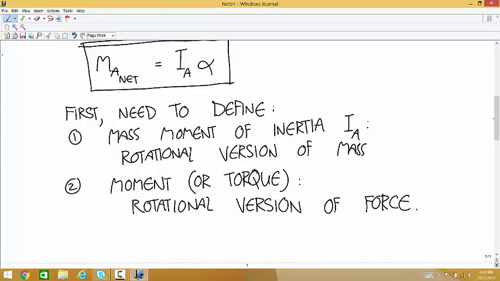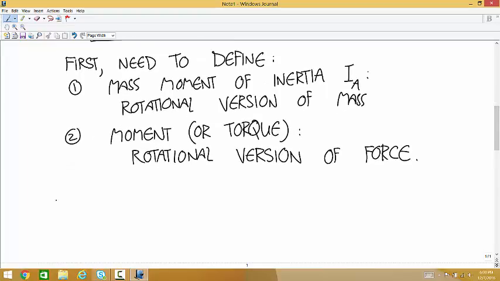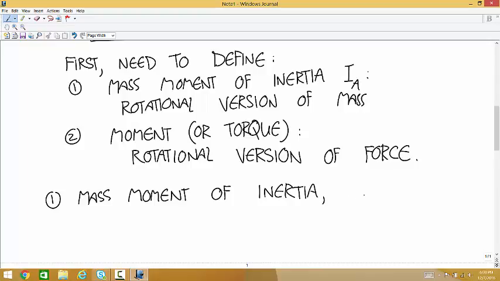So first I'm going to do the mass moment of inertia. And it's abbreviated capital I sub A.